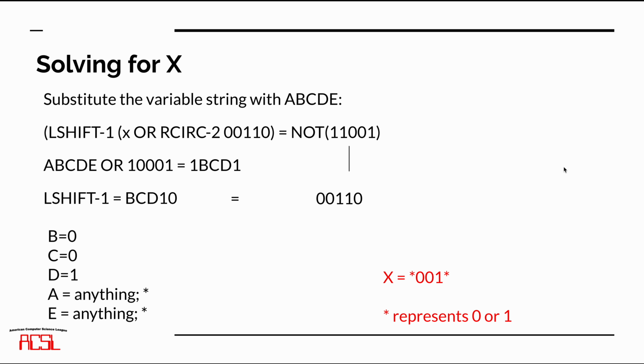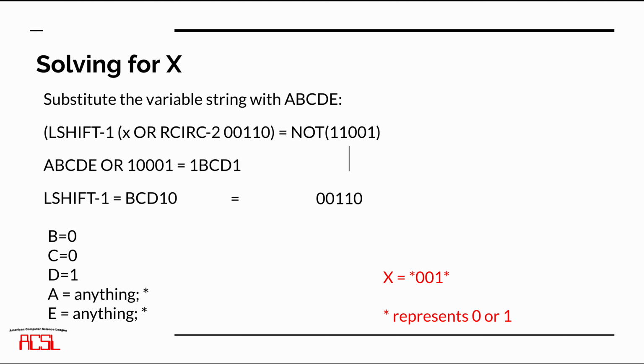Next, we're going to go over how to solve for an X string. Sometimes you'll be given an X variable and it represents a string that's going to equal some sort of operation. What you begin with is you substitute X for A, B, C, D, E, and then you perform the operations as normal.